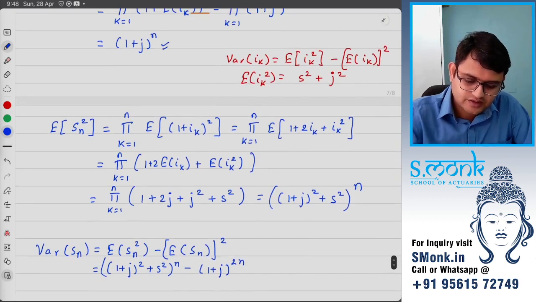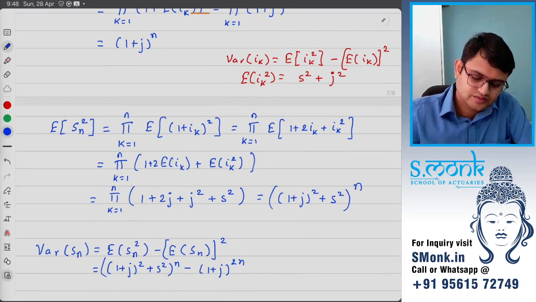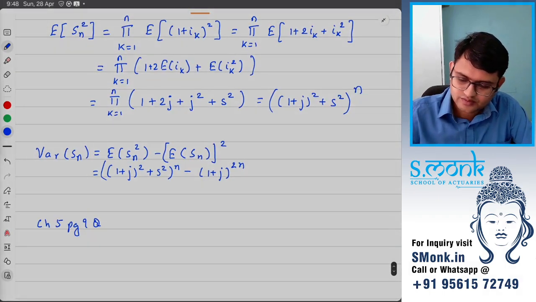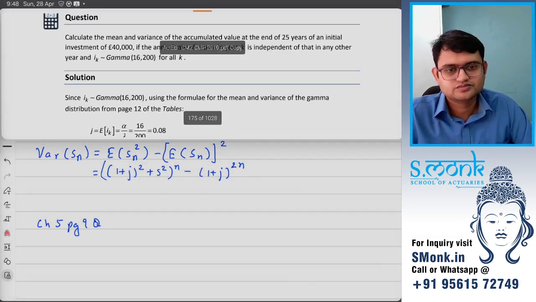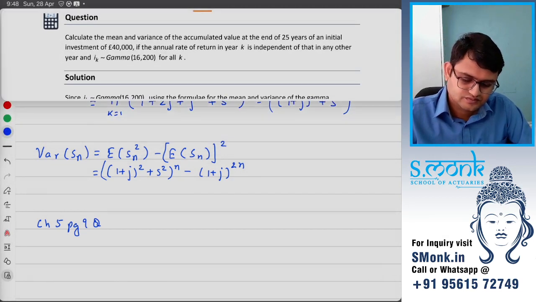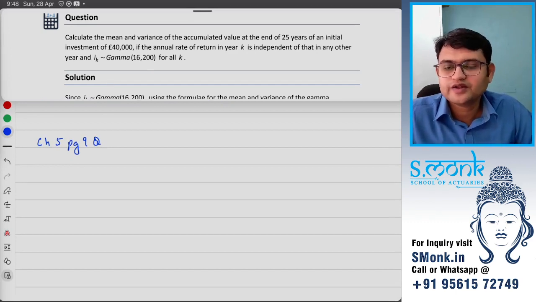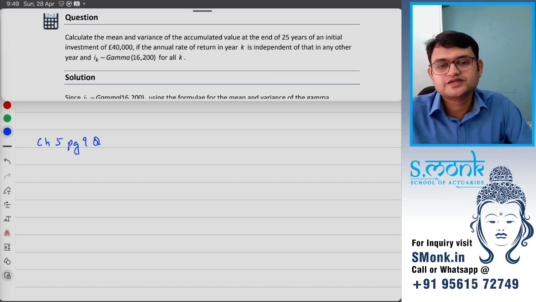So the mean and the variance are important. So this is the question. Calculate the mean and the variance of the accumulated value at the end of 25 years of an initial investment of 40,000 if the annual rate of returns in year K is independent of that in any other year, and IK is given as a gamma distribution.